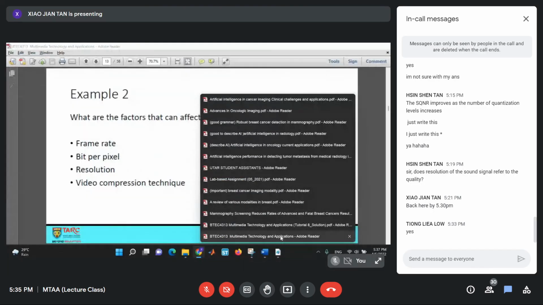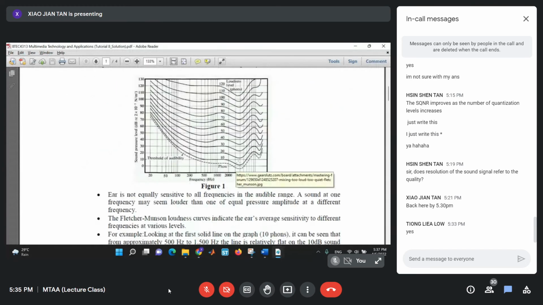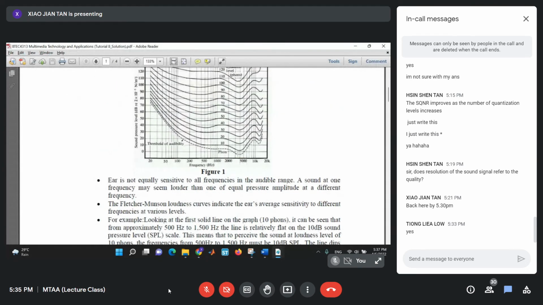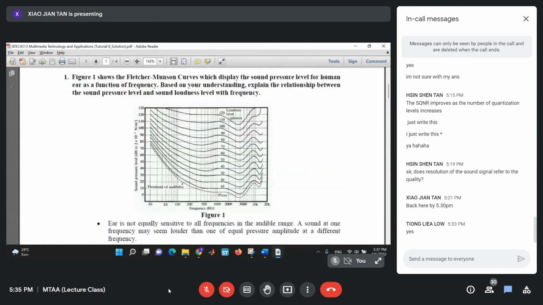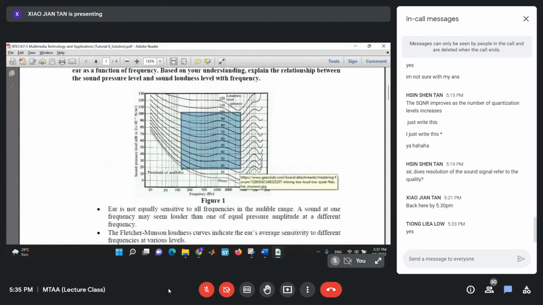This question can be very tricky. Again, it depends on the marks given. If the marks given is higher, you need to explain in detail. Actually, a lot of info is embedded in this graph.